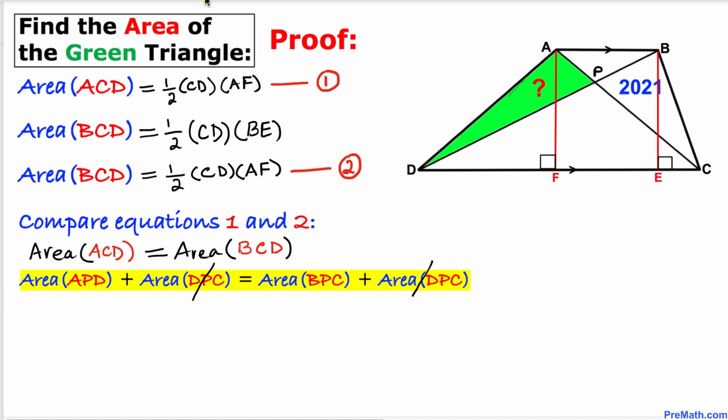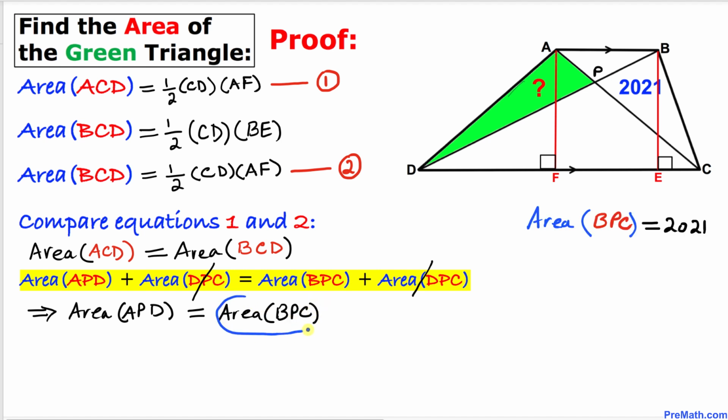So we simply end up with the area of triangle APD equals the area of triangle BPC. We know that the area of triangle BPC is 2021 square units. Therefore, the area of triangle APD turns out to be 2021 as well.